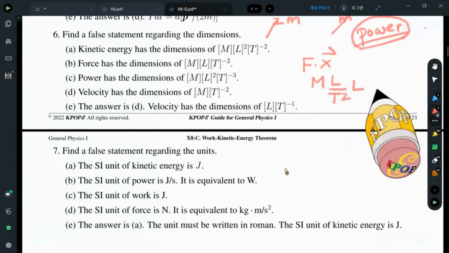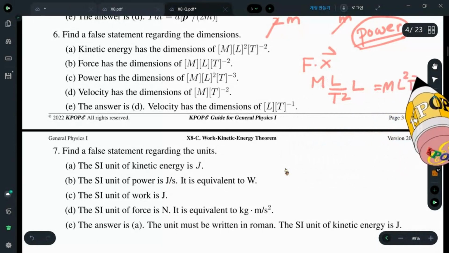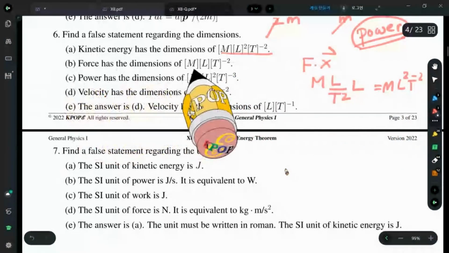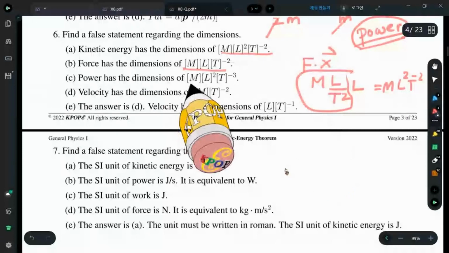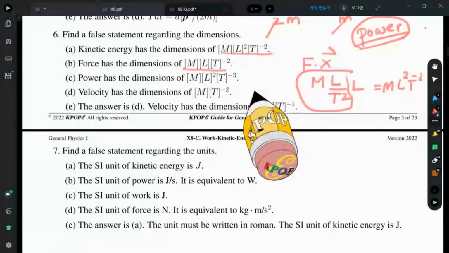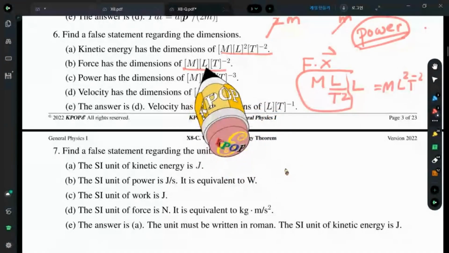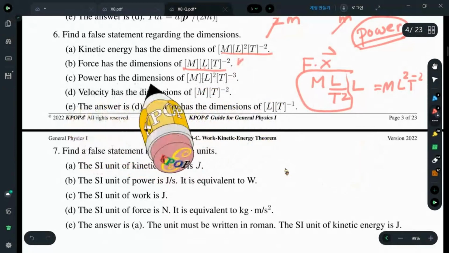So M L squared T to the minus 2. This is correct. Force has the dimension of a force, mass, length, time to the minus 2. Okay. Power.